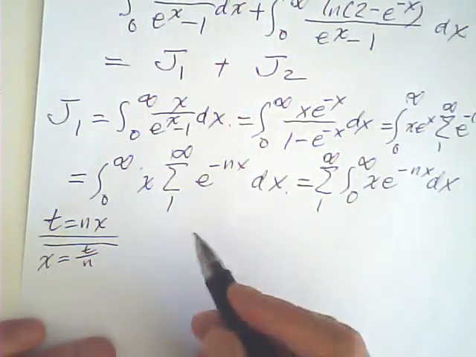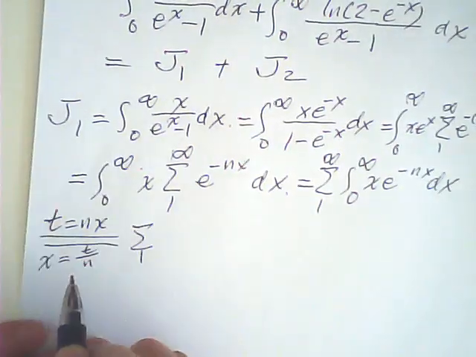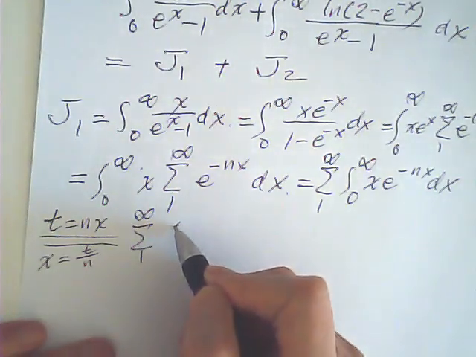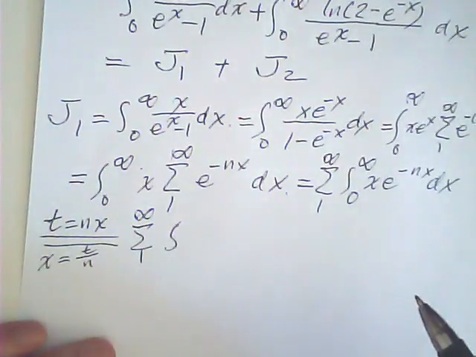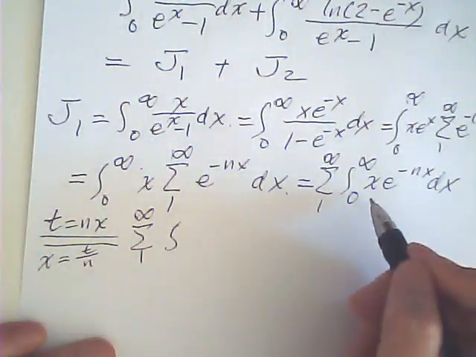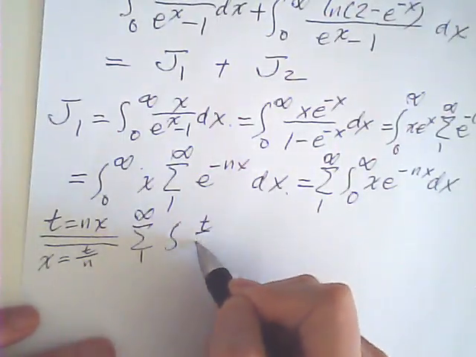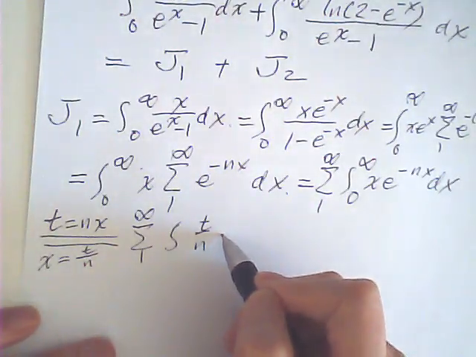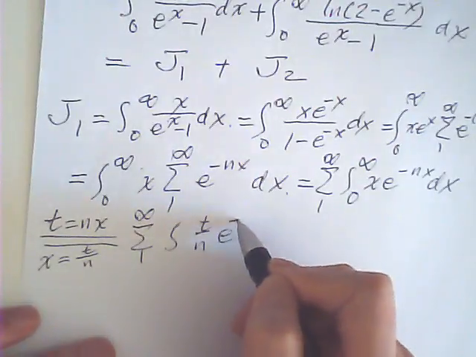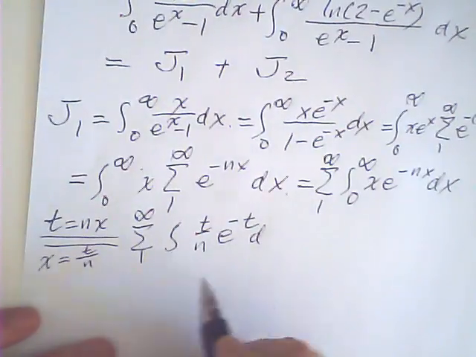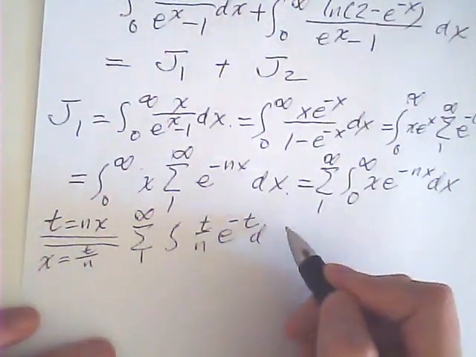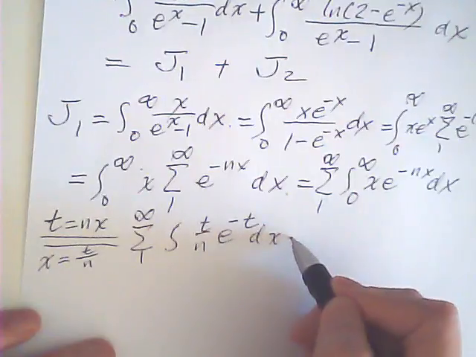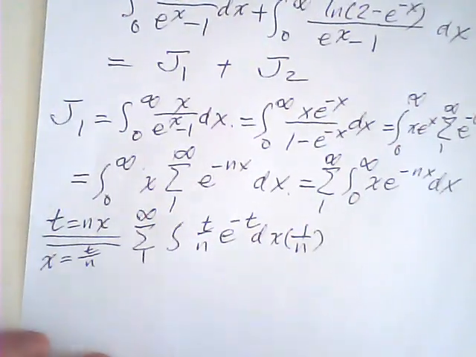My integral becomes the integral with x equal to t over n, e to the negative t, and dx equal to dt over n.